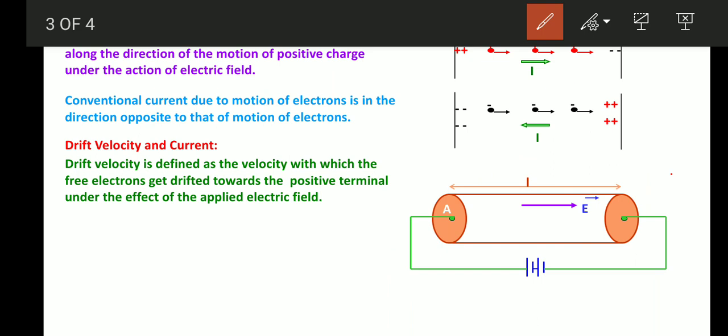That means more positive charges will be accumulated at terminal A, and more negative charges are accumulated at terminal B, the other end.